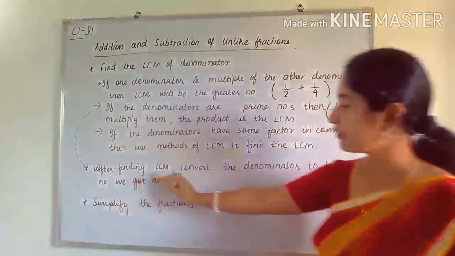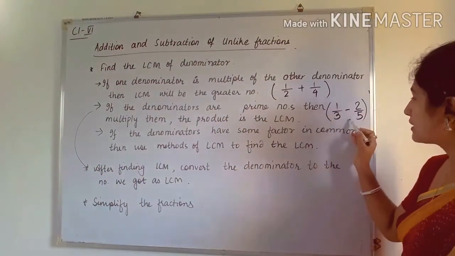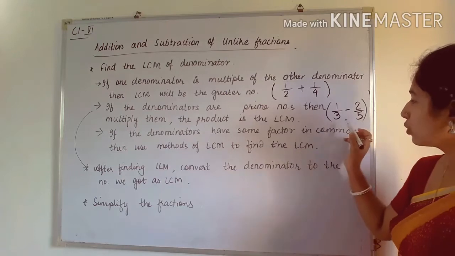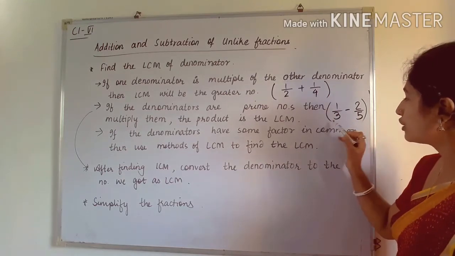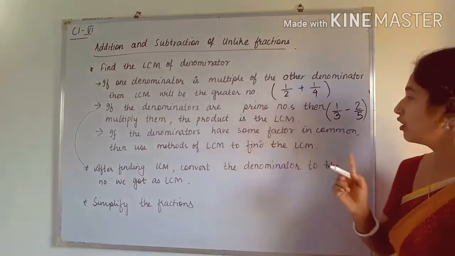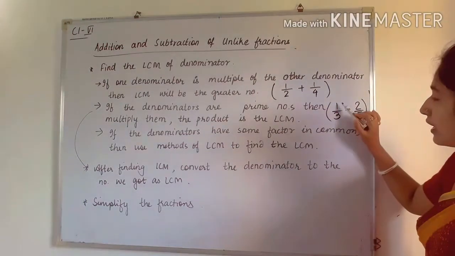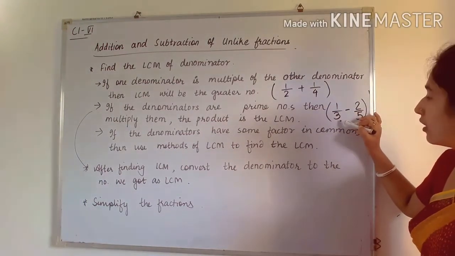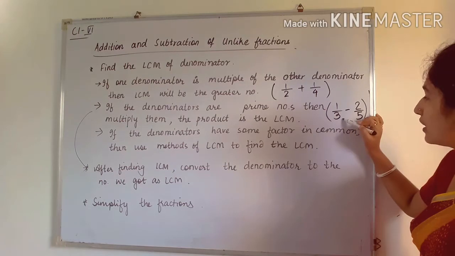Now again you follow the same step. What do we have to do after finding the LCM? Here the LCM is 15, so we have to convert the denominator of each fraction to 15. For that we multiply the first fraction by 5 in numerator and denominator.